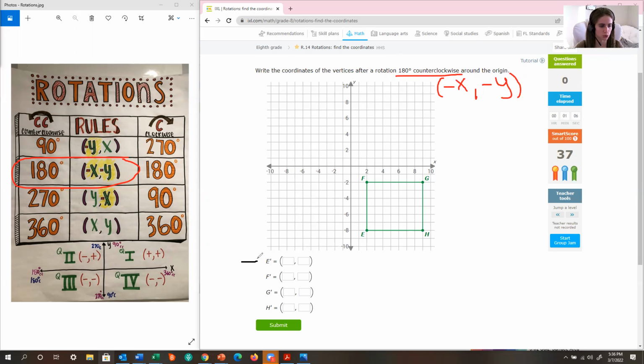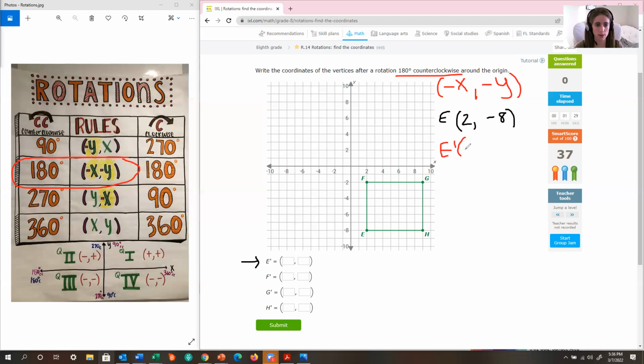So first off, let's identify our pre-image coordinates. Let's go in order. We'll start with E. So E is currently located at 2, -8. When I complete that 180-degree rotation, when I apply that rule, we're multiplying both values by -1. So essentially, they're both becoming the opposite.